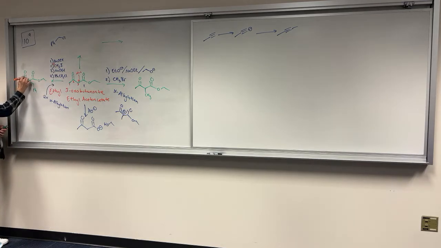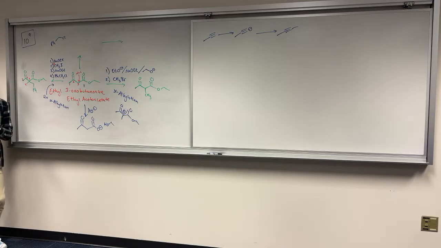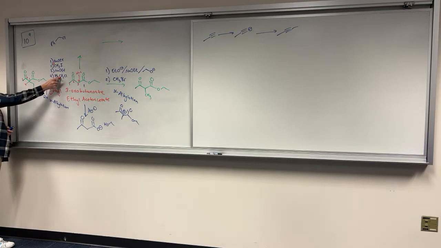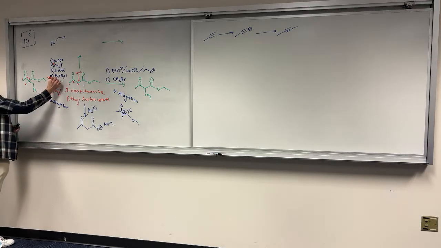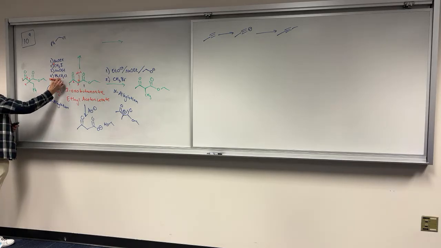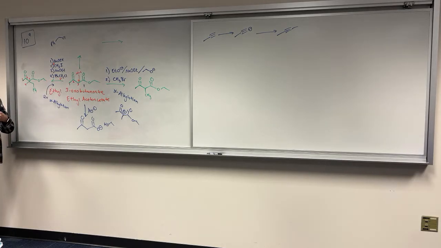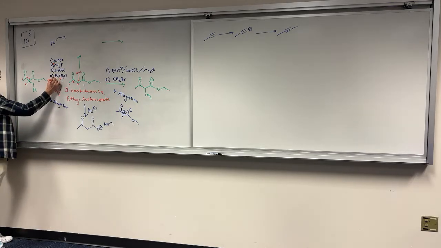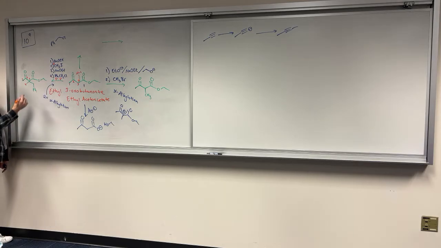So when I draw my product, I've got 1, 2, 3. 3 is bonded to 4. But 3 also attacks the benzyl carbon. So I'm going to call that, you can call this whatever you like, I'm going to call that 4', because it's also attached to 3, so it makes sense that it is also carbon 4, but I want to make sure that I distinguish it from the other carbon I labeled as 4. 4', and then that would make the benzene ring at 5'.